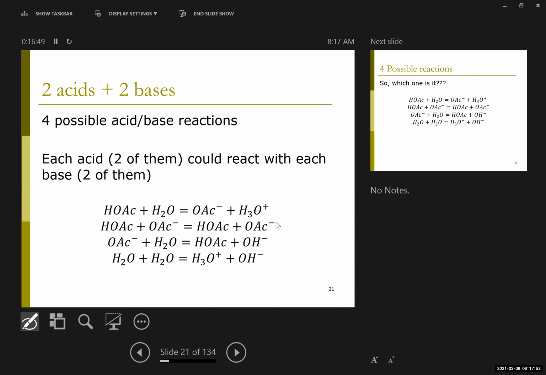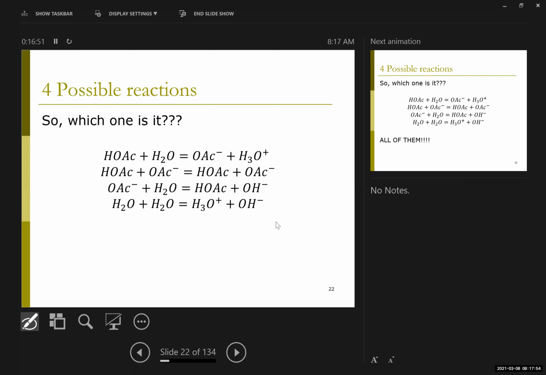That might seem to complicate my life, because I really can't throw them out. Since they're all possible reactions, they all do happen. They're all equilibrium reactions, which means they all have to get to equilibrium.